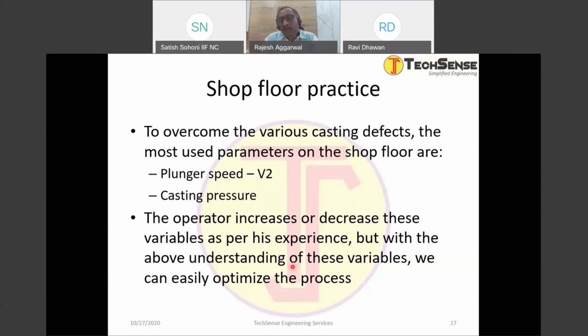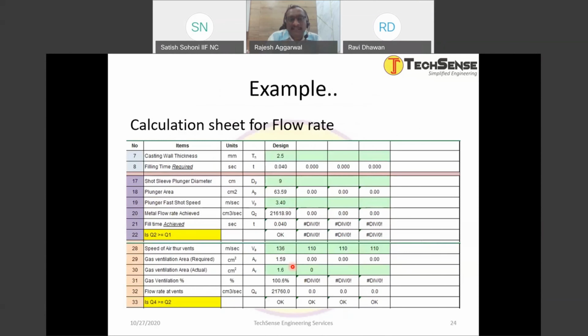Now, if you have gone through the previous slides carefully, if I am increasing the speed, B2, what will happen to this slide? What are we doing here? We are comparing Q4 with Q2.